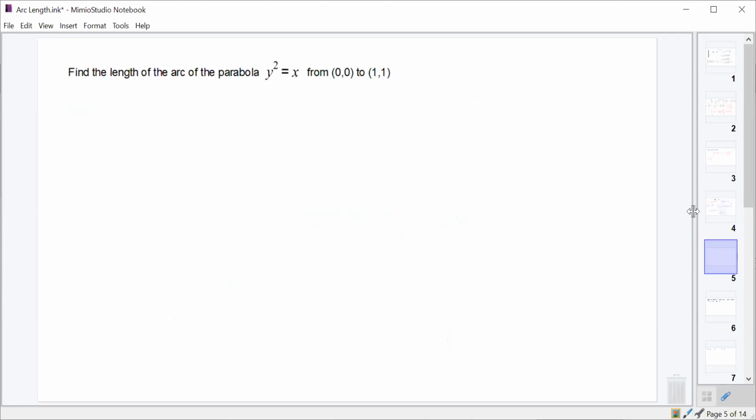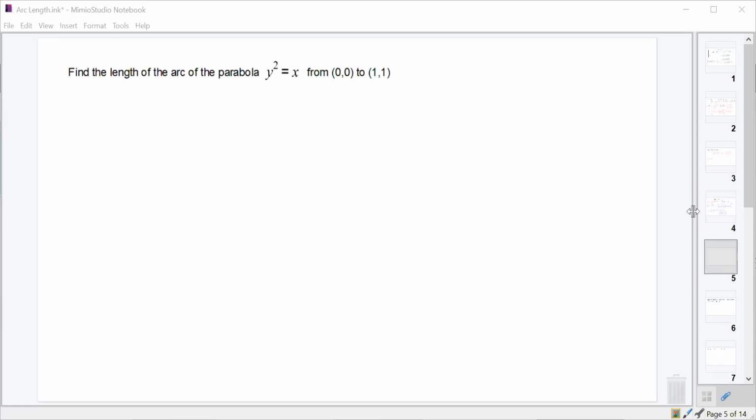Then we're going to talk about some caveats to this, some issues that we might have. So we're going to find the length of the parabola y squared equals x, where x equals y squared, from 0, 0 to 1, 1. And so if we want to do this in terms of y, we can.